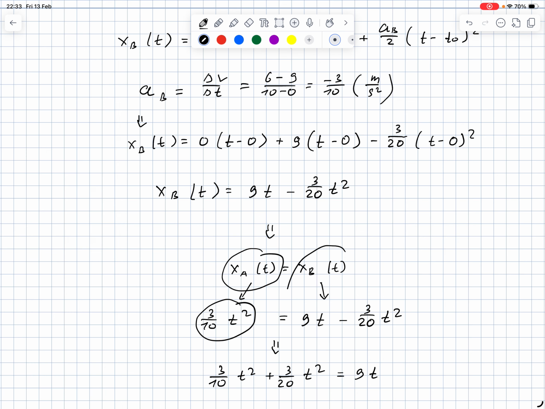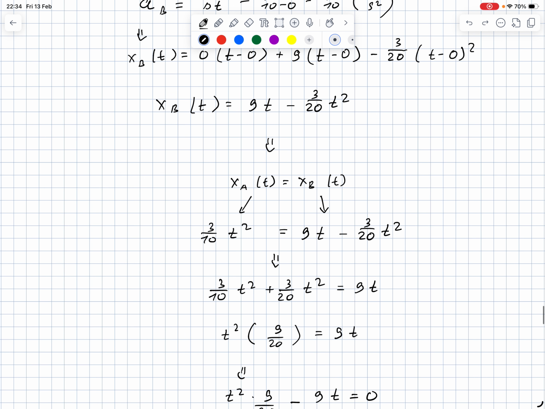The same goes for object B. Okay, from this step it's just mathematical steps. You can take this term and move it to the left. The sign, of course, will change from minus to plus.